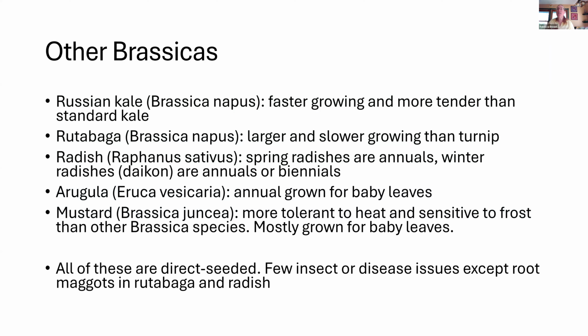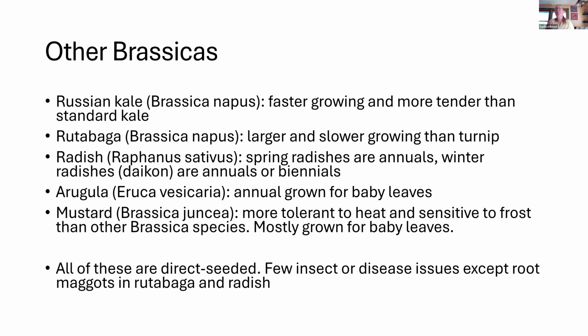It is not Brassica oleracea. It is Brassica napus. It's a separate species. It's native to Siberia, and it's a much faster growing kale. It's the kale that you want to use if you're growing baby kale greens. Okay, you don't want to use Brassica oleracea kale for baby greens. You want to use Brassica napus.